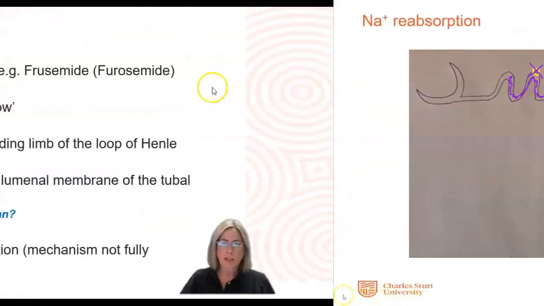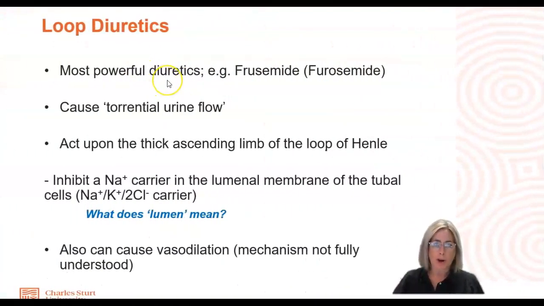So the loop diuretics are the most powerful of all of the diuretics. Some of you may have heard of a loop diuretic called furosemide. They do cause torrential urine flow, so they cause the production of high volumes of urine. They act upon the thick ascending limb of the loop of Henle, and they inhibit a sodium carrier in the luminal membrane of the tubule cells.